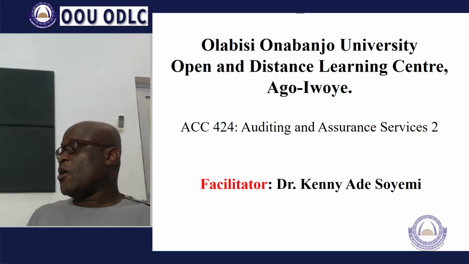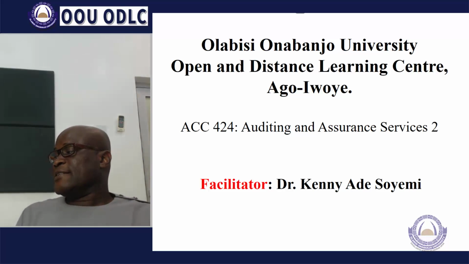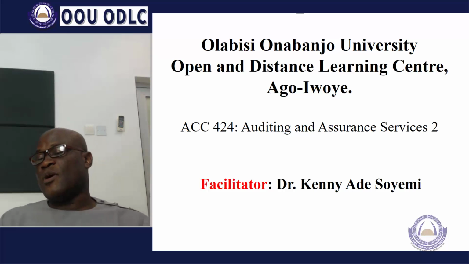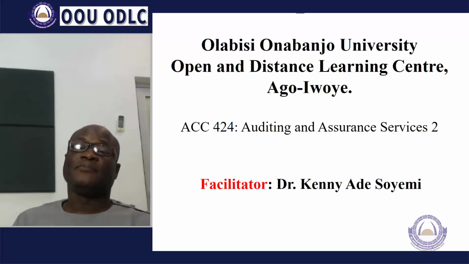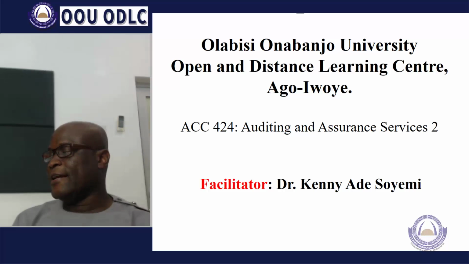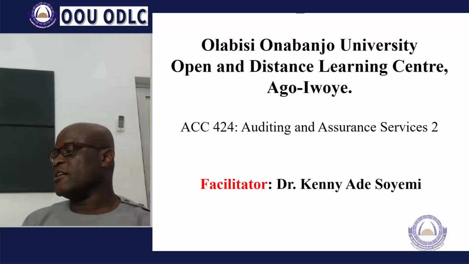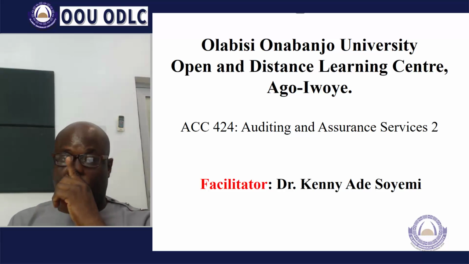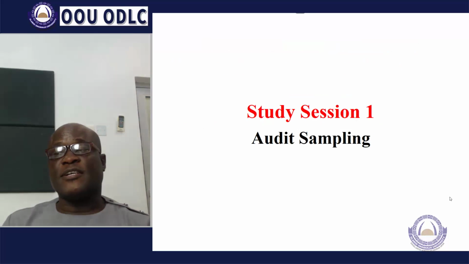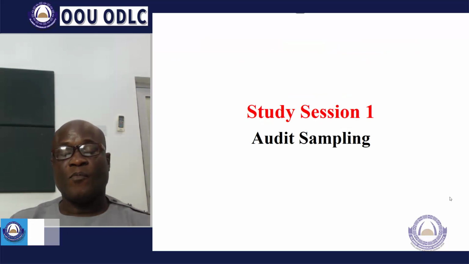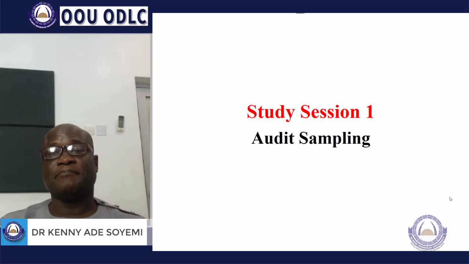I am here to anchor Auditing and Assurance Services 2. It is a 3-unit course designed for students studying to acquire a Bachelor of Science degree in accounting. It is divided into 6 sections designed to consolidate on the initial appreciation knowledge acquired in auditing. Study section 1, audit sampling.